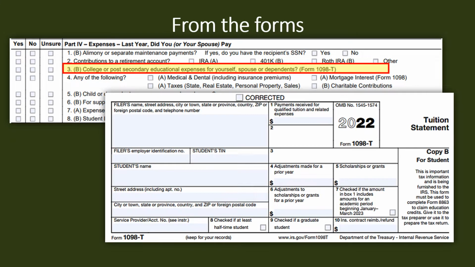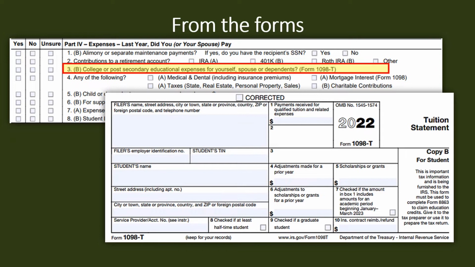Let's look at the forms as we like to do. So here we have our intake form, Form 13614-C. In Part 4, again, this is our expenses part. Question 3 is college or post-secondary educational expenses for yourself, your spouse, or dependents.